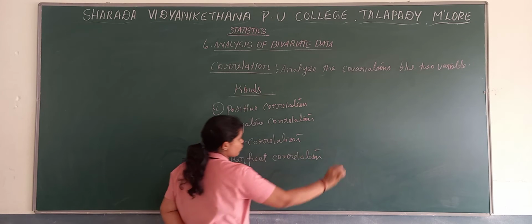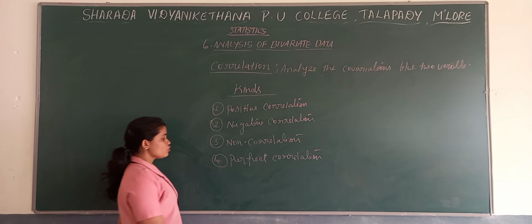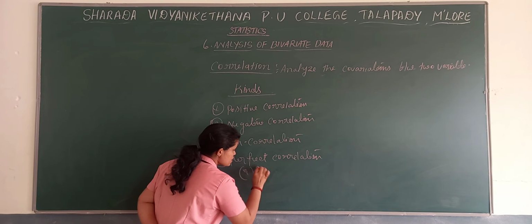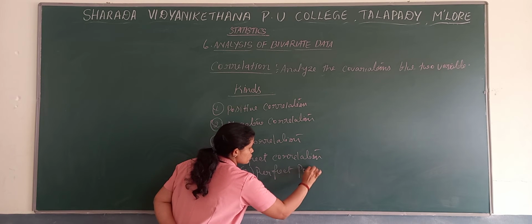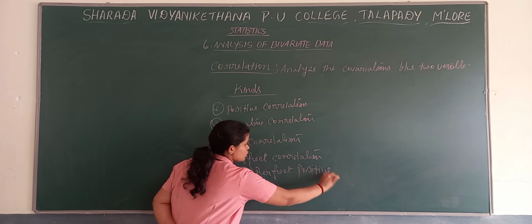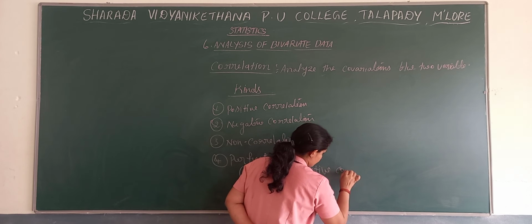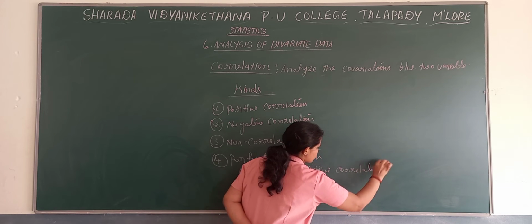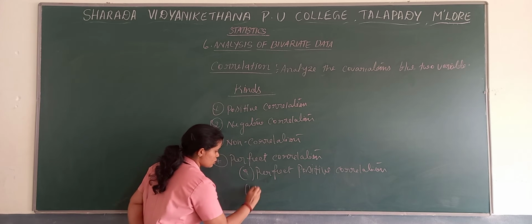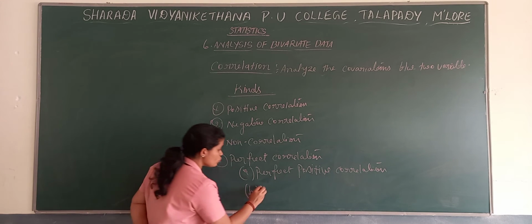This perfect correlation is further divided into 2 categories: perfect positive correlation, and perfect negative correlation.